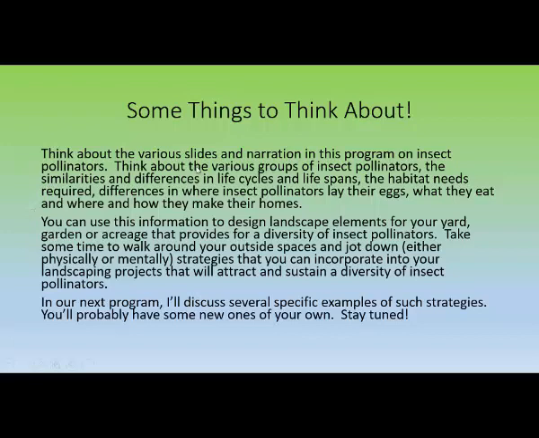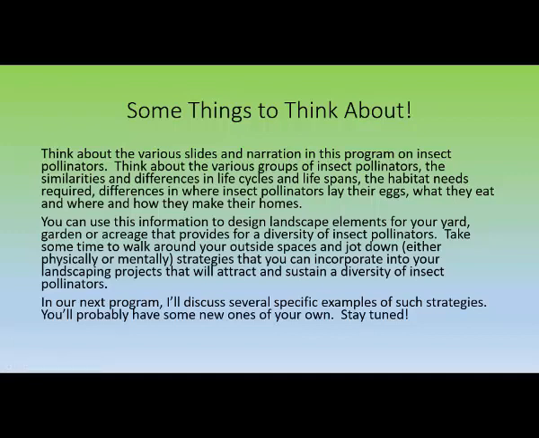So what we just looked at very, very fast, these different parts of a life cycle, different food preferences, areas where certain of these pollinators like to lay their eggs, all of these things you can use in your yard or your landscape project to develop some strategies or think about some strategies.